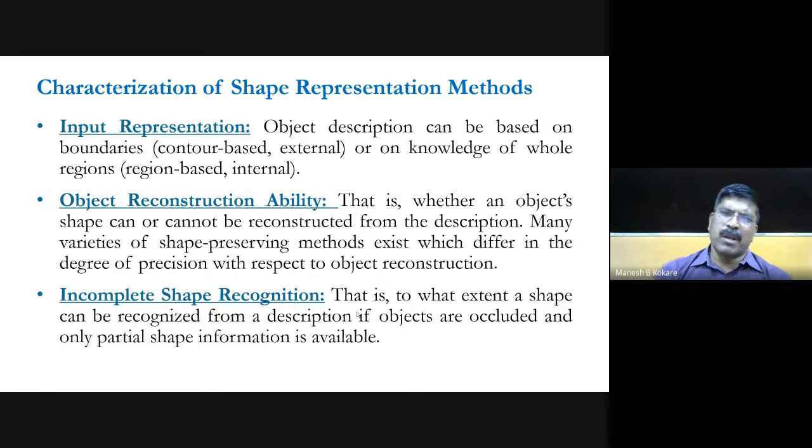For example, we can describe the shape based on the boundary, like the perimeter of that shape, we can have a unique feature based on the perimeter, or based on the chain code, or the Euler number, and so on. There are several, and we will see those.